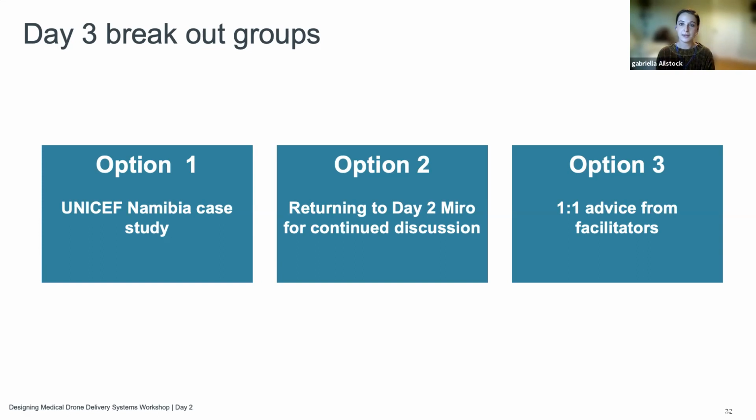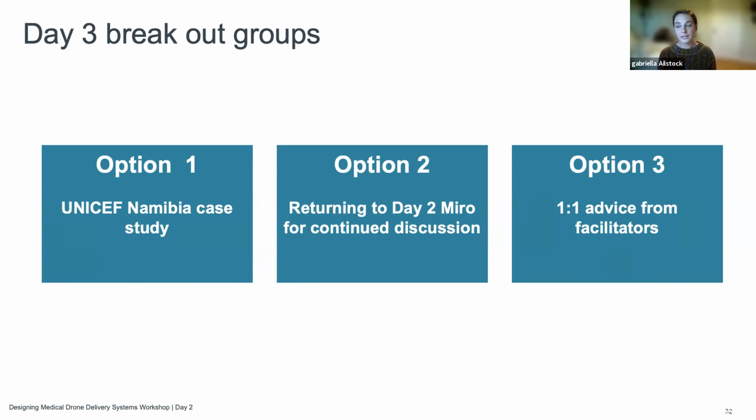Option 2 for your breakout group is going to be revisiting and returning to these day 2 Miros for continued discussion based on our pretend case study. And maybe for some of the groups, my group and Taudis's group, who didn't get as far, this might be a good option for us to combine and continue together.